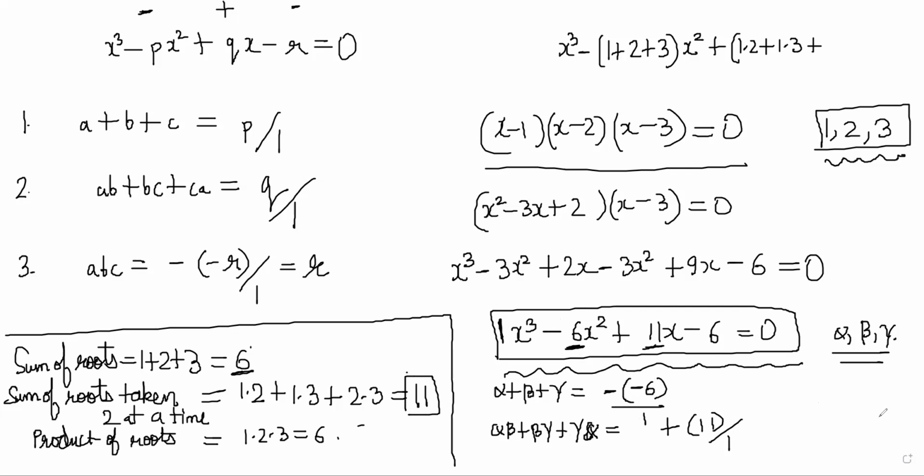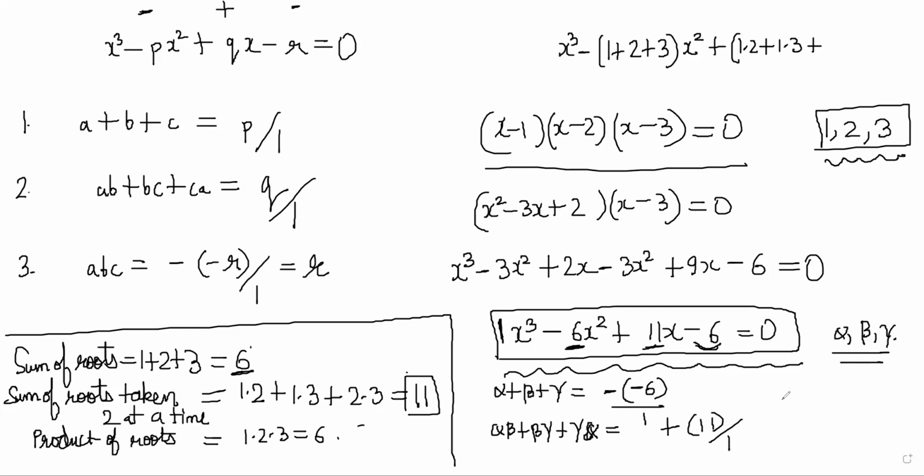Yeah. And last coefficient is again minus 6. But the answer is what? Product of the roots, 3 at a time. It is plus 6, right? Yes. So alpha beta gamma, you have to put a minus sign again and write minus 6 by 1. Yeah. So the signs are alternating. This is minus, this is plus, this is minus. Next term could have been plus.